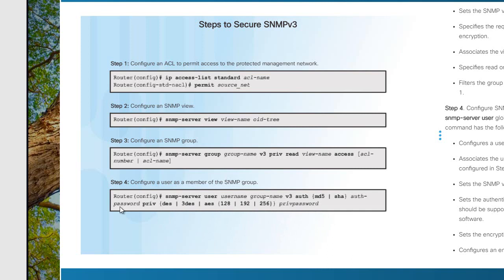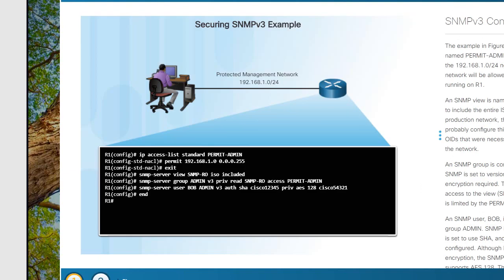What it's going to look like in action is right here. So you've got the access list name created, your view name that you create here. And when you're looking at these slides, realize that anything in all caps really, well, even things that aren't in all caps, but especially things in all caps are things you're going to create on your own. Okay, so we create this SNMP RO. That's the MIB object ID is ISO, which you saw in the tree included.